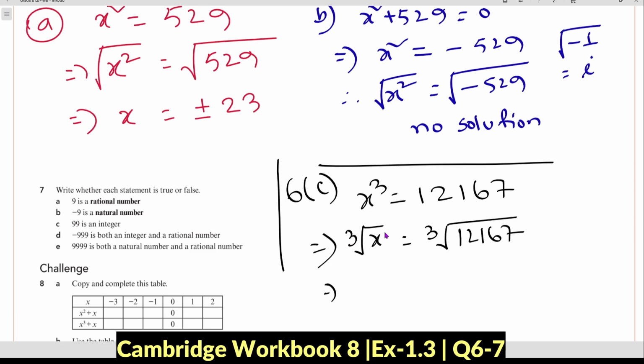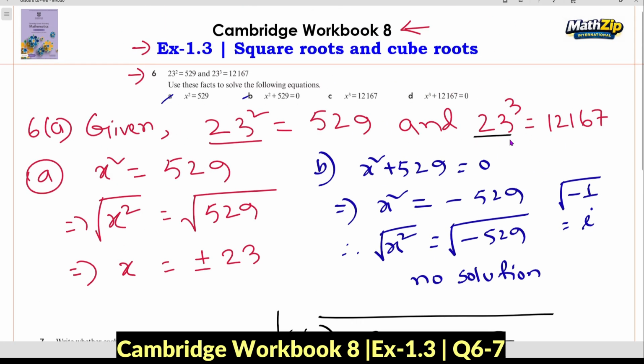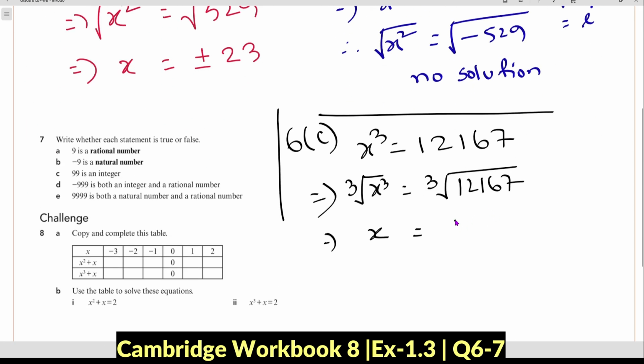So the cube root of x cube, we can write x, and against this we can write 12167, as given, it's 23 cube, it means only 23 is our answer, right? Very simple. Number A, B, C of question 6 has done.